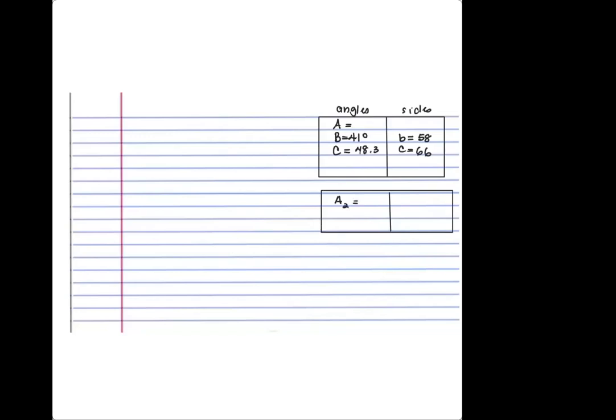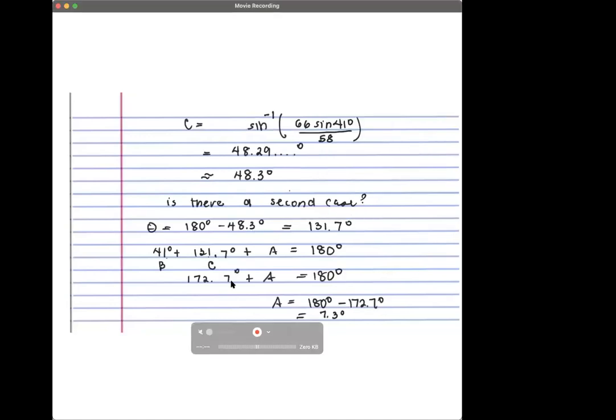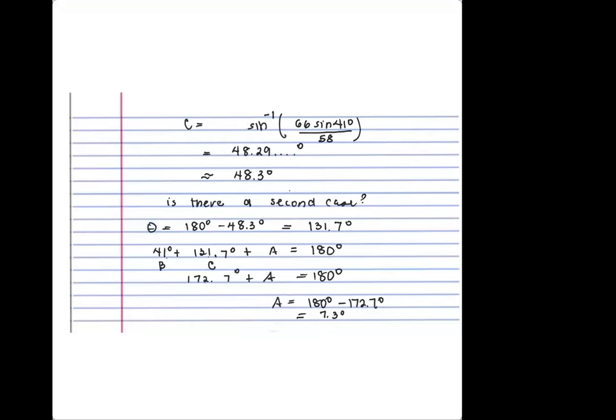So A2 is going to be something. B is still the same, 41 degrees. And C2, I think we got 7.3. No, I think that was for A. The second case was that 131.7. So maybe I should call that C. I think that'll be less confusing for students.